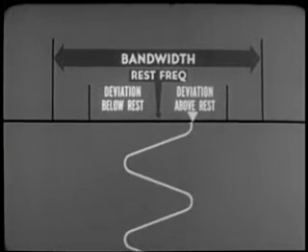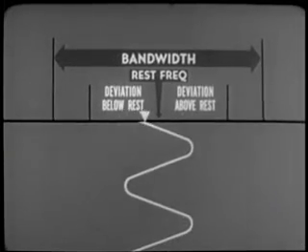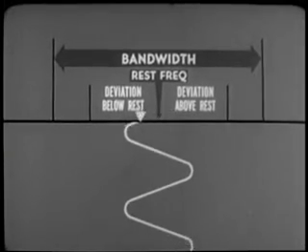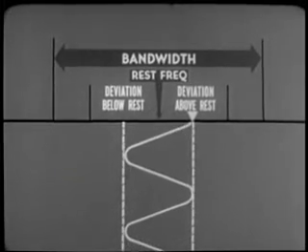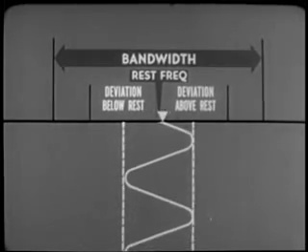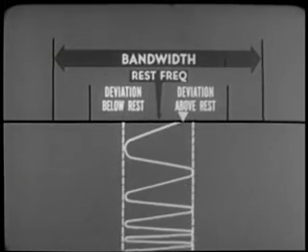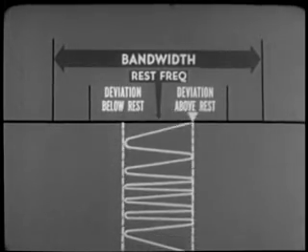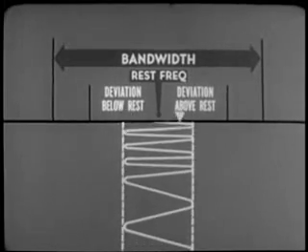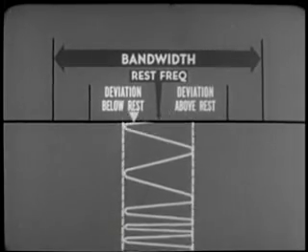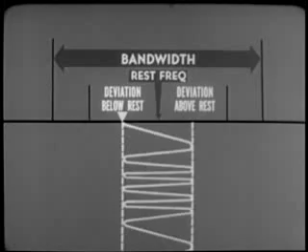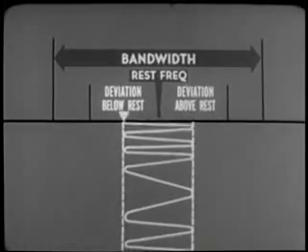Notice that the amount of deviation above and below rest frequency is determined by the amplitude of the modulating signal. If we raise or lower the frequency of the modulating signal, we increase or decrease only the speed at which the carrier moves above and below its rest frequency. We do not change the extent of its deviations.